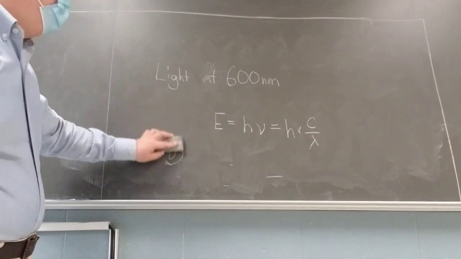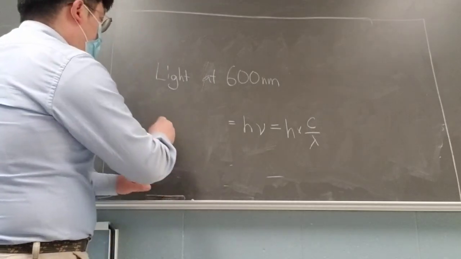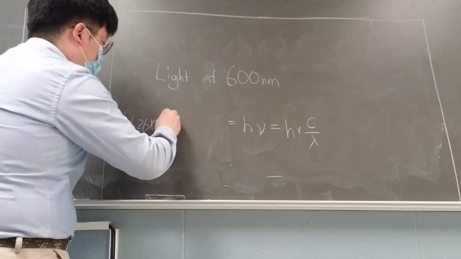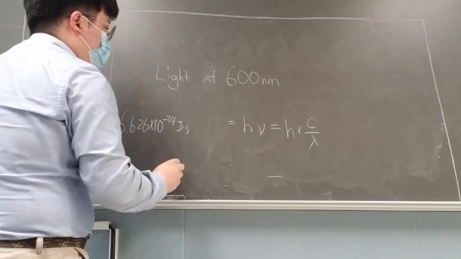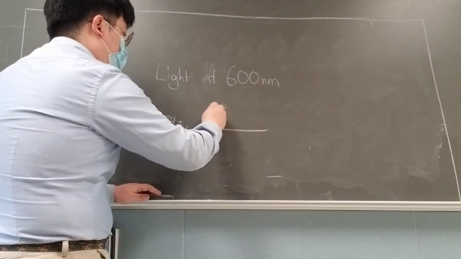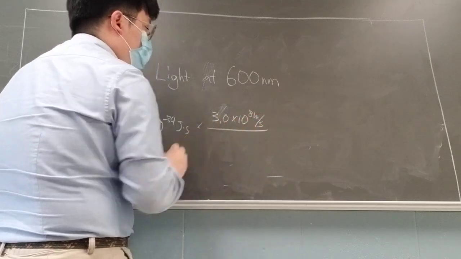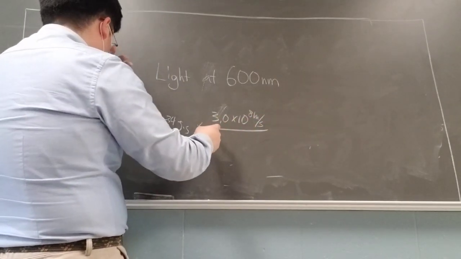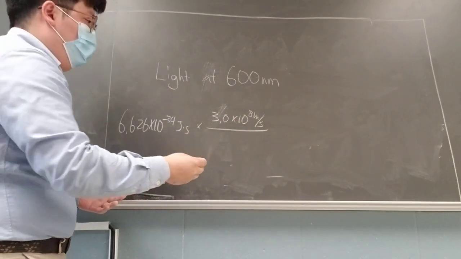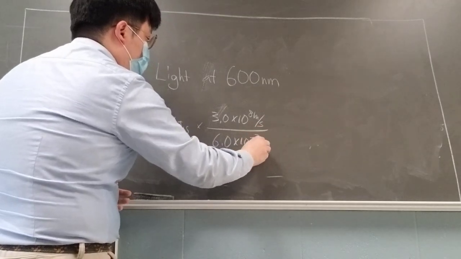In this case, it's pretty much the same. I'm going to copy the Planck constant, joule per second here. And then instead of frequency, I'm going to multiply by the speed of light, which is 3.0 times 10 to the 8 meter per second. And then we use the wavelength, which is 600 nanometer, but I'll just do it brief: 6.0 times 10 to the negative 7 meter.